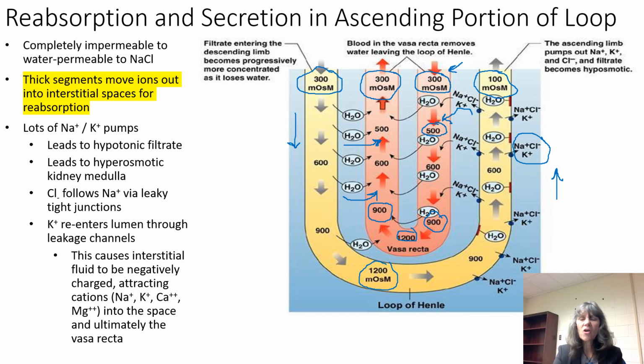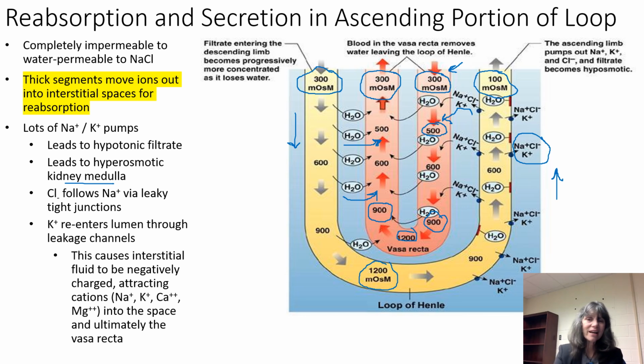And that also creates hyperosmolarity in the medullary portion of the kidney, which is going to help us concentrate our urine. Because if we have more solute in the medullary portion of the kidney, that's also going to help concentrate the urine to a certain degree.